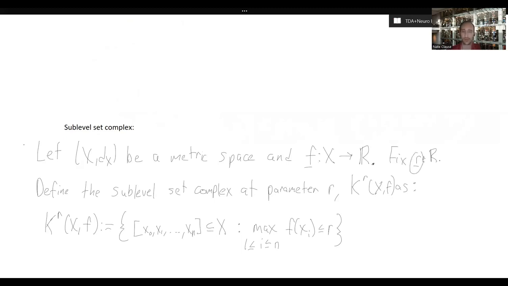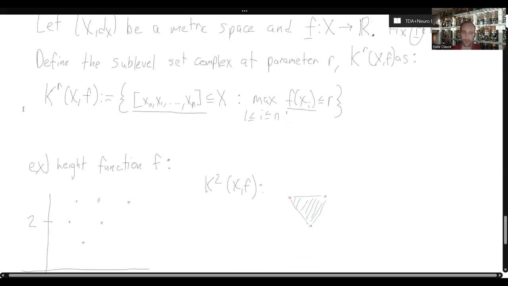Fix a parameter, little r, and we define the sublevel set complex at scale parameter r, K superscript r of X, f, as the set of all simplices such that the maximum of the function value of any vertex in the simplex is bounded above by r.